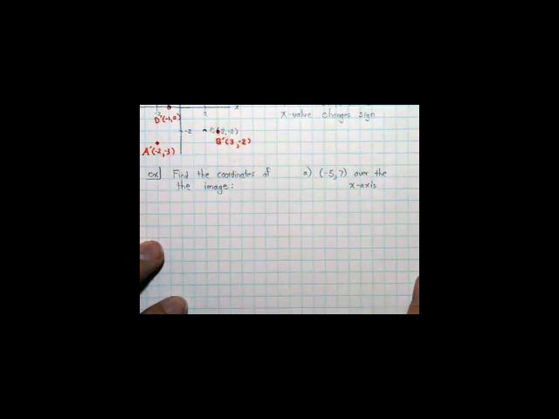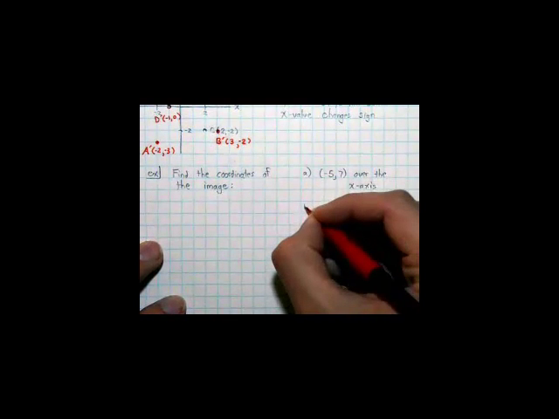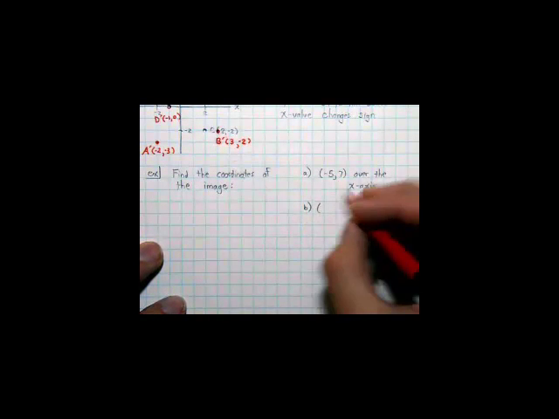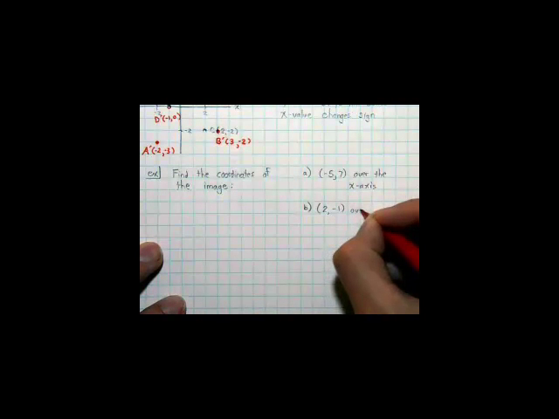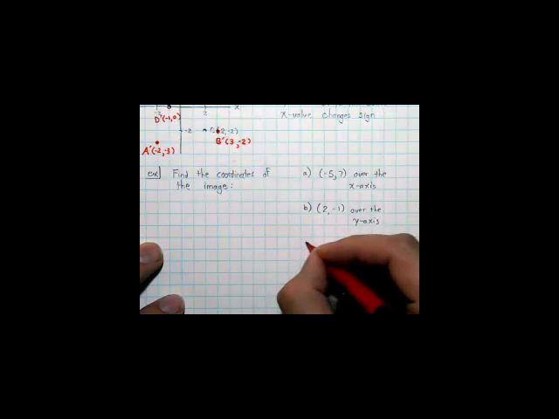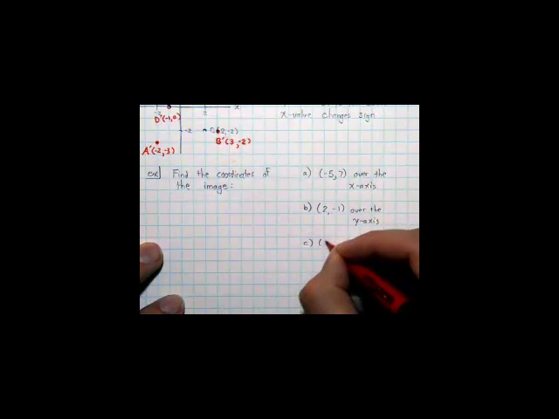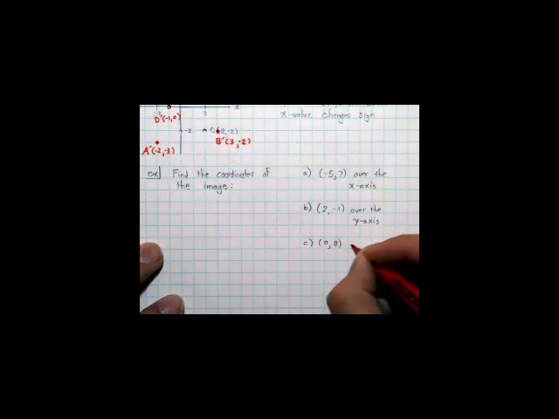Okay, so negative 5, 7 over the x-axis. 2, negative 1 over the y-axis. 0, 8 over the y-axis.